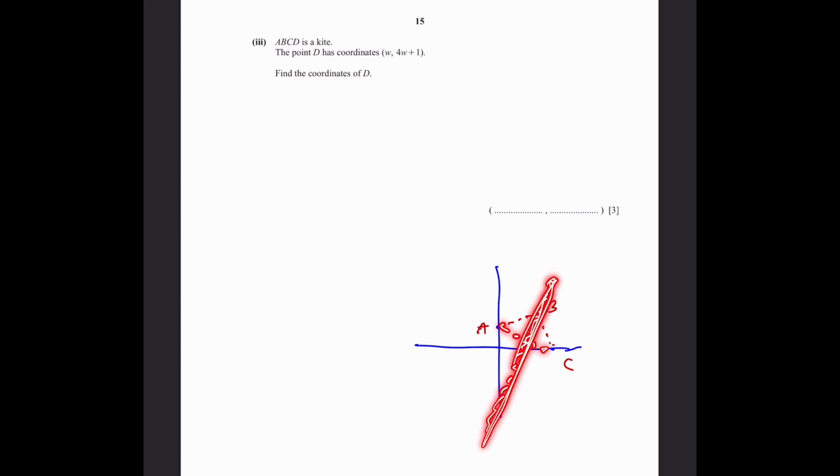This is the mirror line because these two side lengths are equal and these two will have to be equal wherever D is. So that's going to be the mirror line. D, we know, lies on the perpendicular bisector of AC.